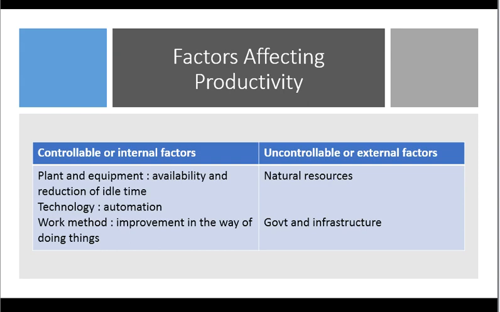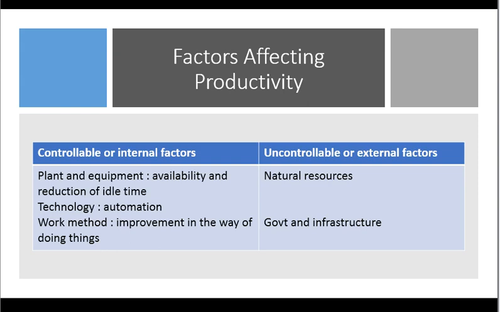With plant and equipment, we can control the productivity and the output of that particular machine by proper utilization of resources and operators. If all the resources are properly utilized, then it is a controllable factor. We can easily control the plant and equipment, and we can apply technology, which is controllable. Next is the work method, improvement in the way of doing things.